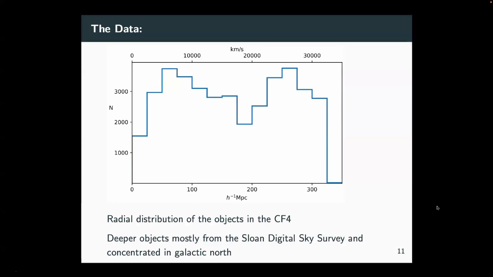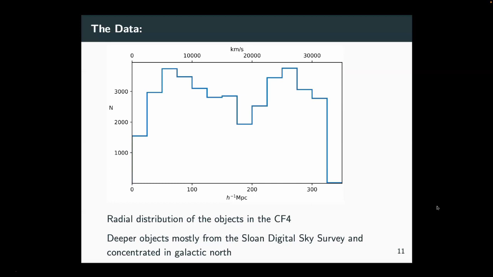So this is versus distance or versus redshift, depending on what you want, and this shows how the galaxies are distributed. The SDSS is way out here. Most of the galaxies are out here between 2 and 300, and so this looks fairly even.